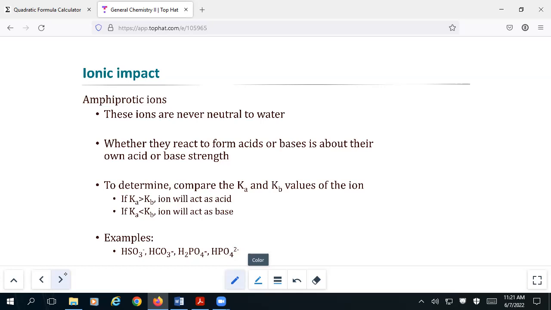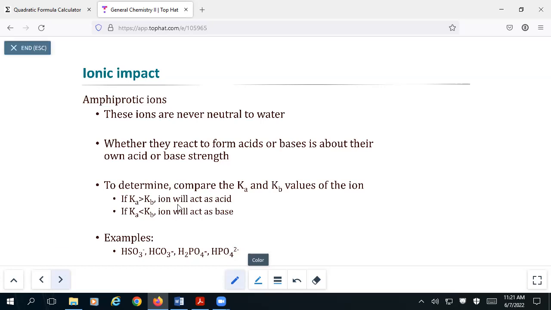So you have to look at their conjugate values. If the Ka for that ion is better than the Kb, then we know it'll act as an acid. But if Kb is better than Ka, we know it acts as a base.